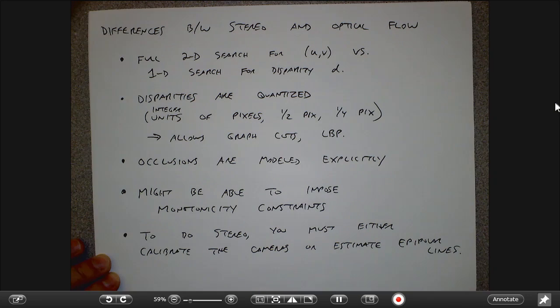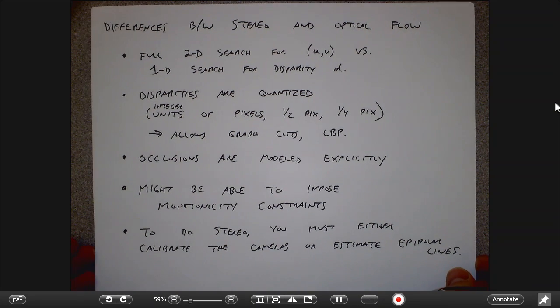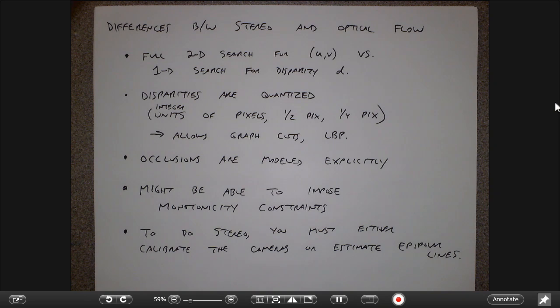What I mean by that is that when I do an optical flow algorithm, fundamentally I don't need to know anything about how the cameras that took the images were related. But for a stereo algorithm, I need to be able to rectify the images, meaning that I need to know where these epipolar lines are in the first place. We talked last time about how you could do that. If I had a bunch of point correspondences, how do we estimate the fundamental matrix? And the fundamental matrix gives us the epipolar lines. So that's not the end of the world, but you do need to have a little bit more information about the setup.